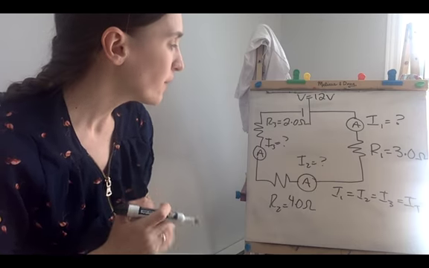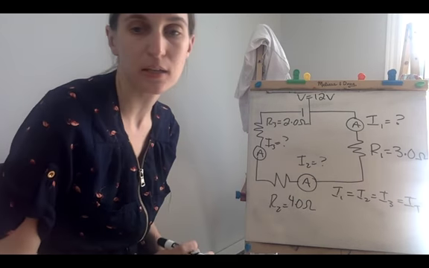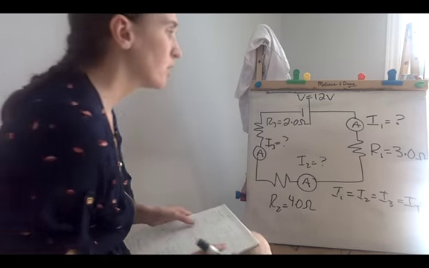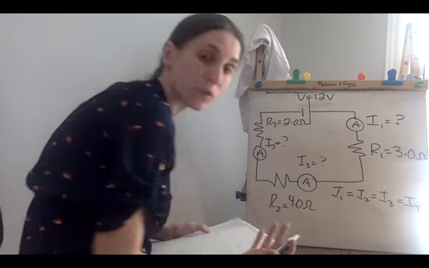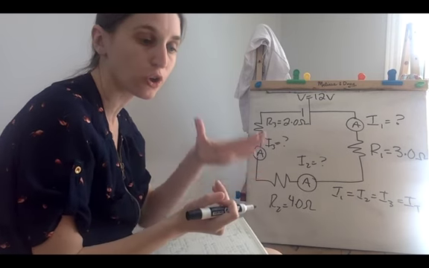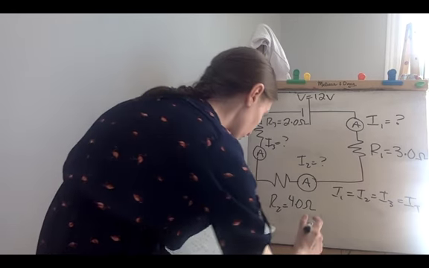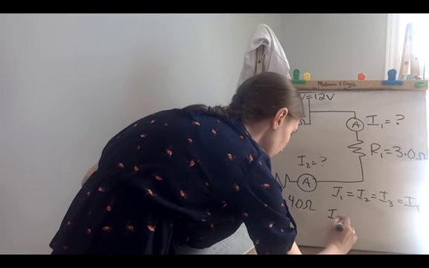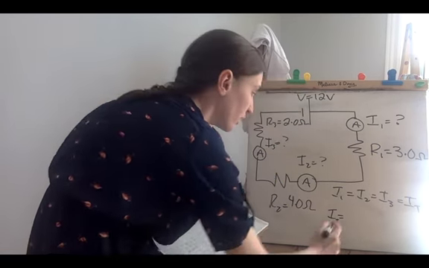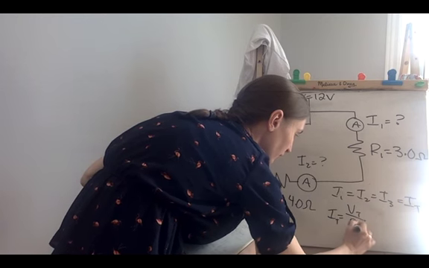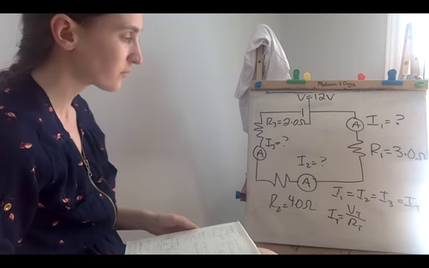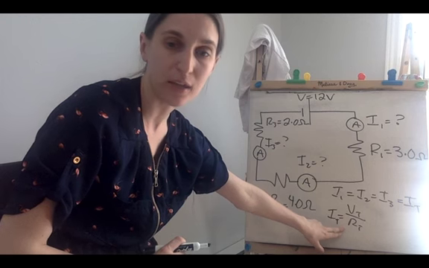Okay, so if we think about the total current in this case, your total current can be found using Ohm's law, where your voltage is equal to current times resistance, or just current is equal to, so the total current is equal to the total voltage divided by the total resistance. And we have values that we can get for each of these.